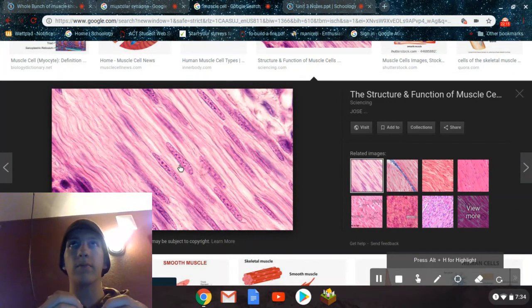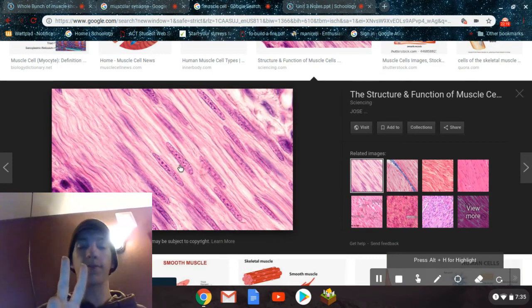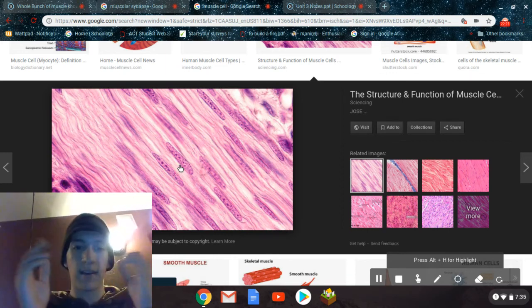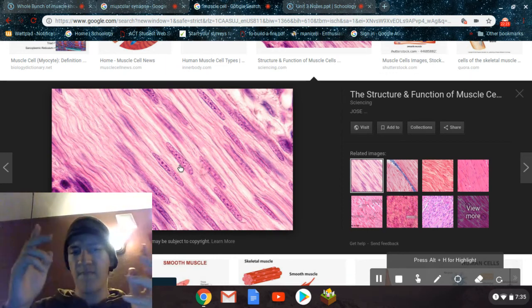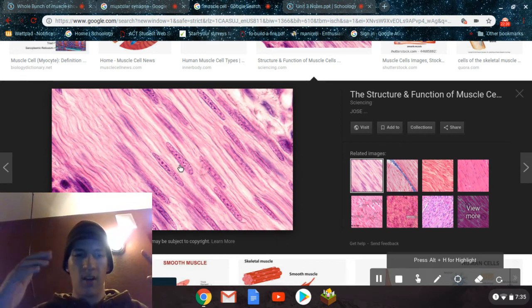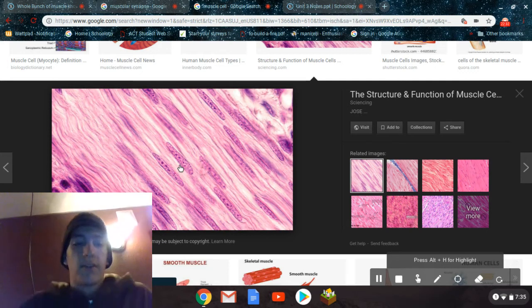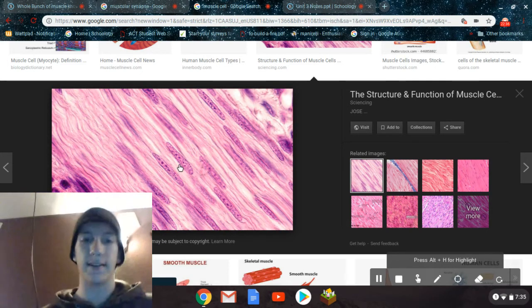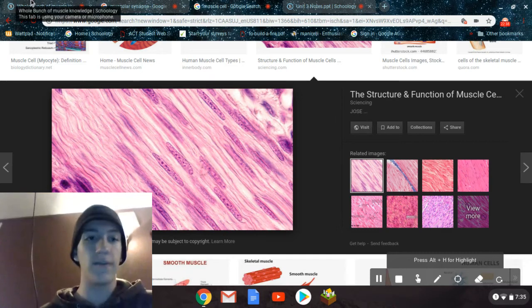Or wait, there are two kinds of smooth muscle. Visceral, which is what I was just talking about, is the kind where some muscle fibers will activate other muscle fibers and they'll all convulse. That's the main reason of visceral muscles.